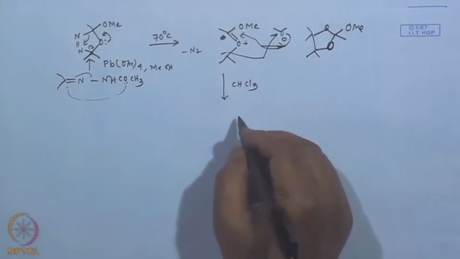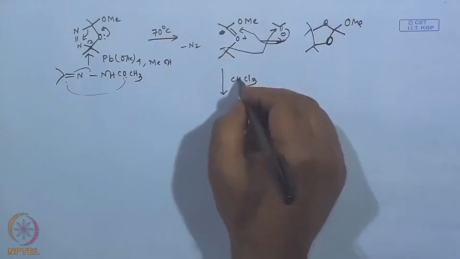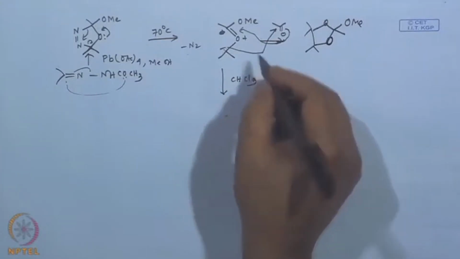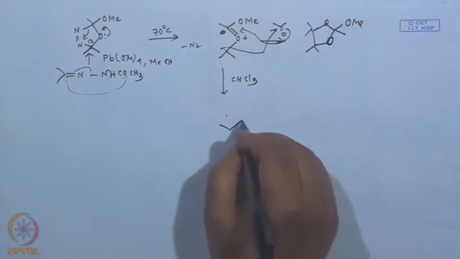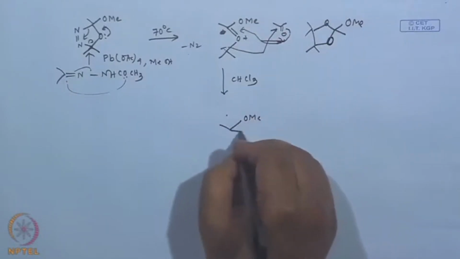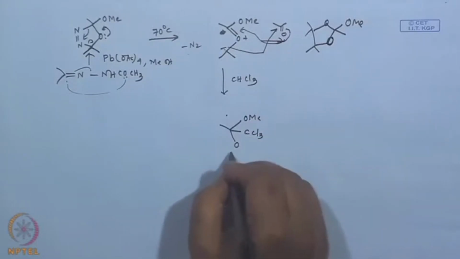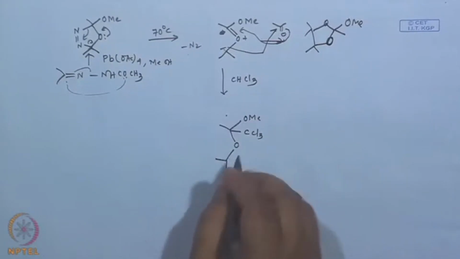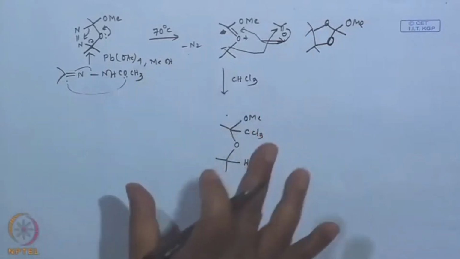So, what has been found is that this negative charge picks up this hydrogen and then CCl3 minus goes to the other carbon, and that means the product formed here is CCl3 and then the oxygen here and then you have these 2 methyl groups, and the chloroform hydrogen is picked up. This is one of the earliest examples.